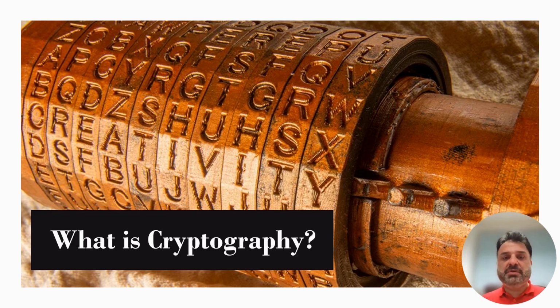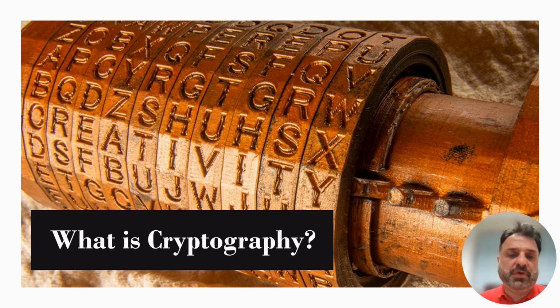Cryptography is the science and art of protecting information by transforming it into an unreadable format, allowing only authorized parties to understand it. The goal is to secure communication and data from unauthorized access or tampering.